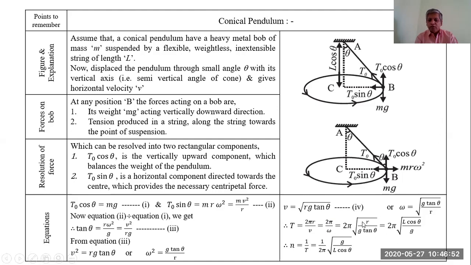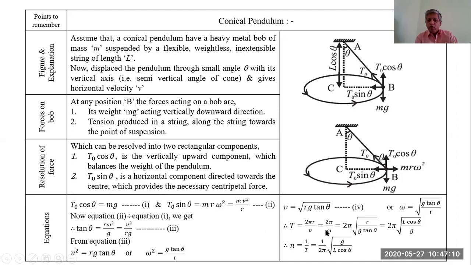From this, twice pi r upon twice pi into square root of r g tan theta, this is the expression for the period.